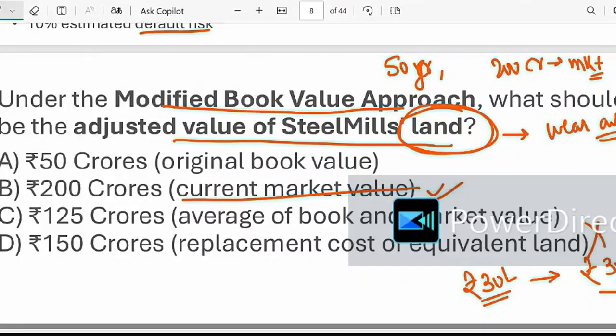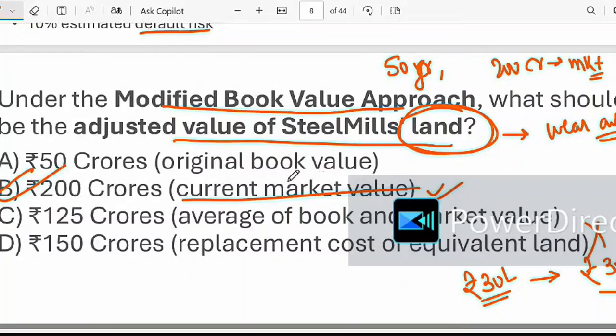So it is the same concept. Even in company balance sheet, the same logic applies. In modified book value approach, land is always valued at the current market value because it does not lose value like a machine. That's why the correct answer to this question is option B, that is 200 crore, right?